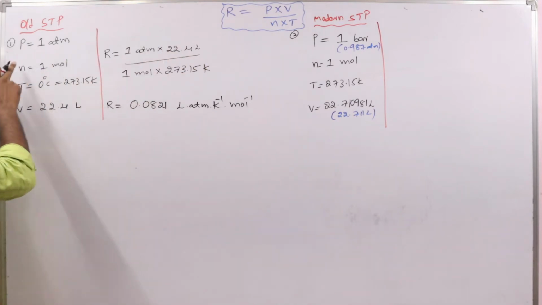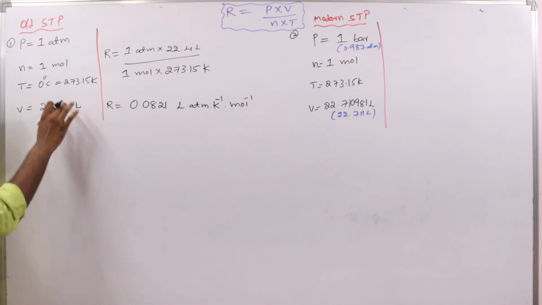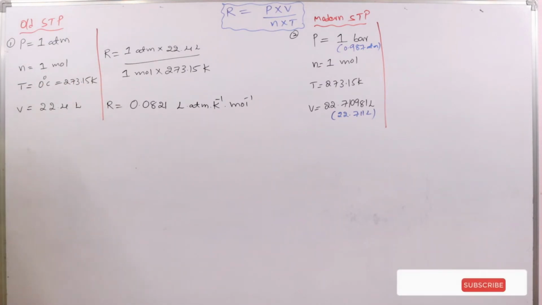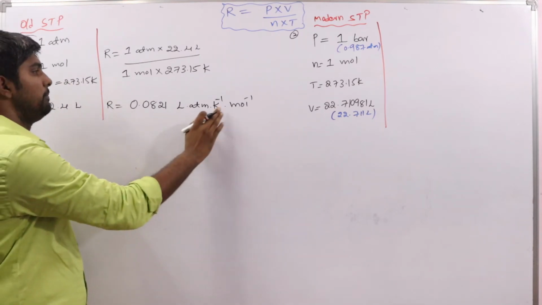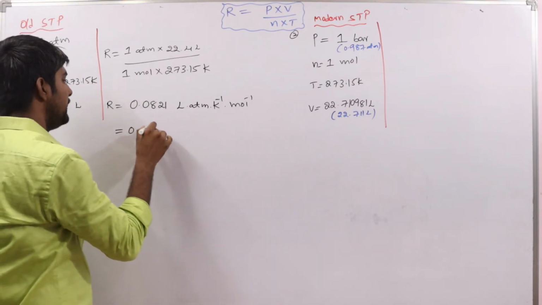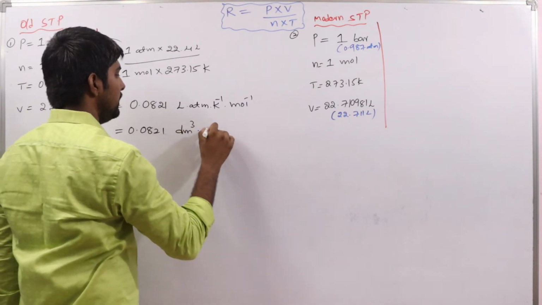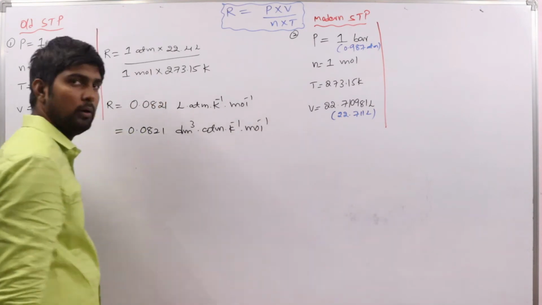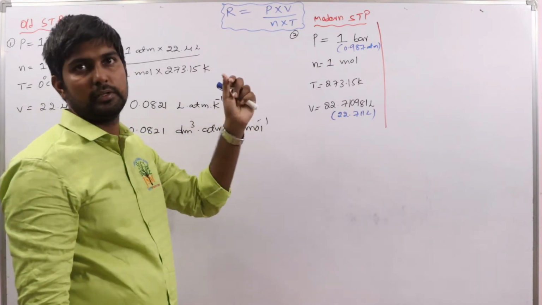This is when you take pressure as 1 atmosphere and volume as 22.4 liter. These two are fixed everywhere, only the units will change. So R is 0.0821 liter atmosphere per Kelvin per mole. We can also write this as 0.0821 decimeter cube atmosphere per Kelvin per mole, because 1 liter equals 1 decimeter cube, as we discussed in the previous lecture.